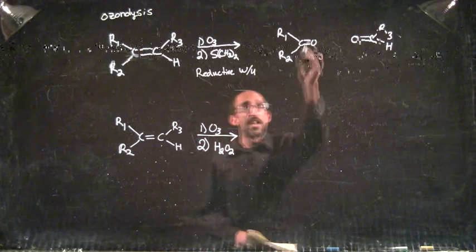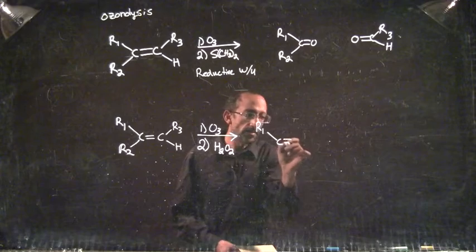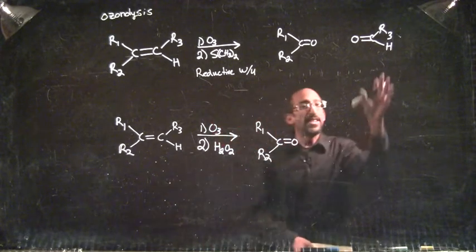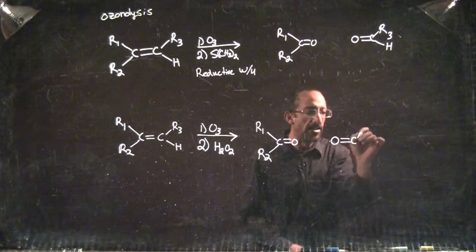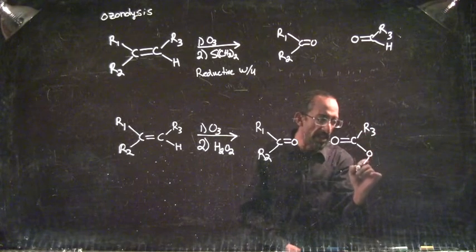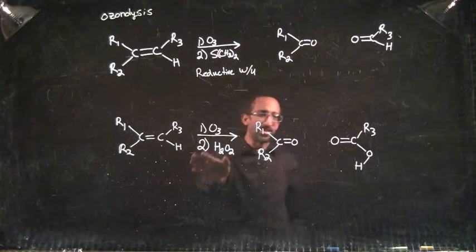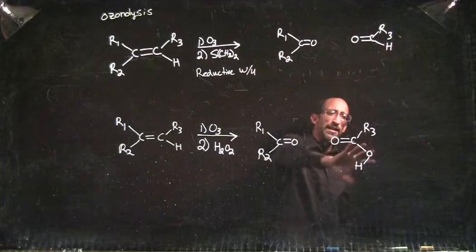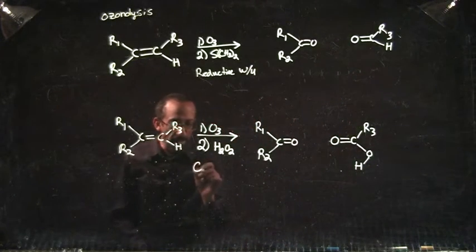What I'm going to find is that I'm going to get that same ketone out, but instead of getting an aldehyde from the other half of my alkene, this time I would get a carboxylic acid, right? So that hydrogen peroxide actually does a second oxidation to make, instead of an aldehyde, a carboxylic acid. And this is known as the oxidative workup.